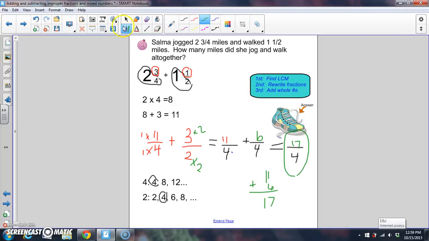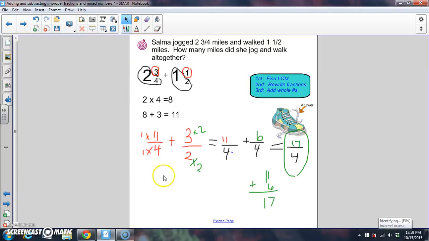We are left with an improper fraction. What we're going to do is simply divide, because we understand that fractions mean to divide. So let's divide 17 by 4. I know 4 times 4 is 16.